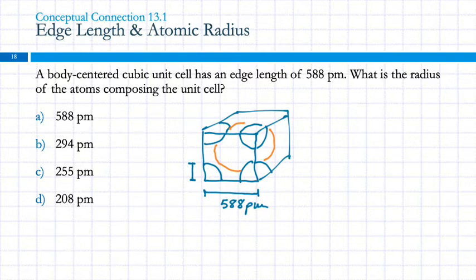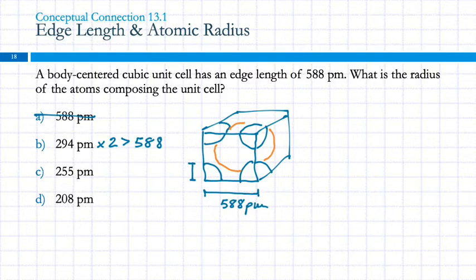So we can look through these choices and kind of eliminate things. Well, it can't be 588, right? Because if this was 588, then the cell couldn't be 588, so that's not right. And we got 294, 255, and 208. Well, if we double those, 294 times 2 is greater than 588.